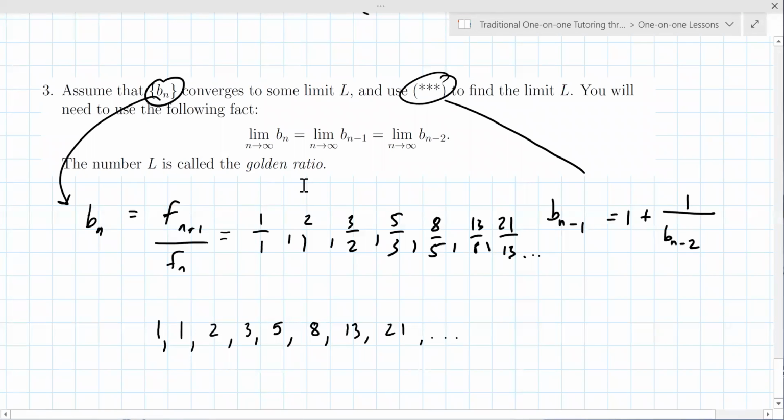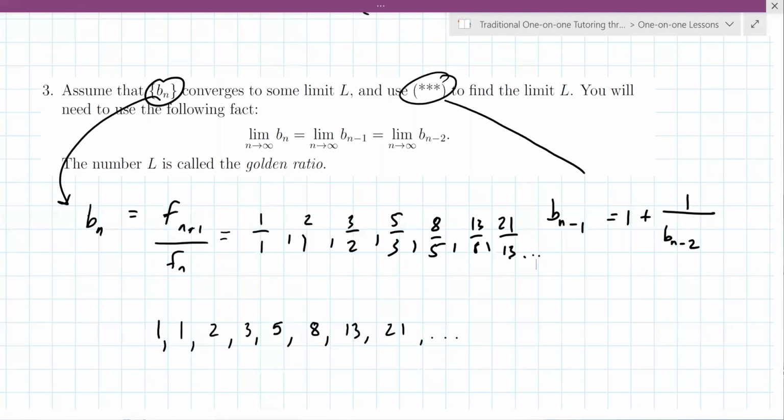And we have to figure this out. The golden ratio is this ideal ratio between lengths of sides. When you say something looks right or doesn't look right, sometimes you're referring to this golden ratio. The golden ratio is 1 plus the square root of 5 over 2.